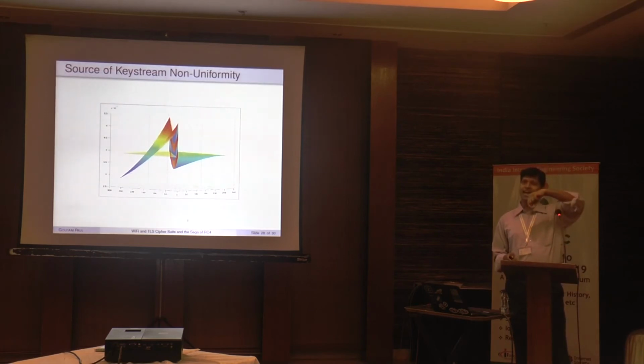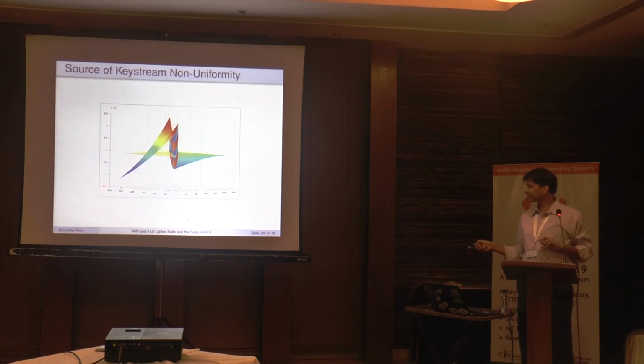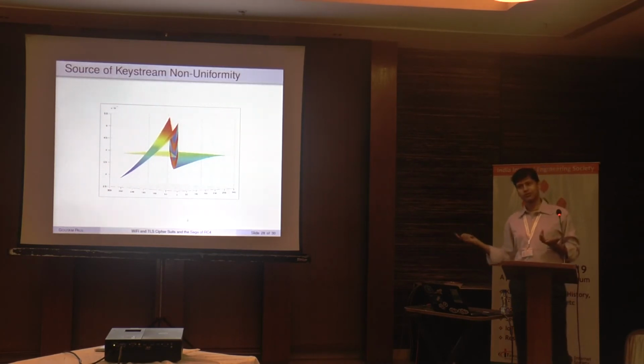So every index can have a value from 0 to 255. Let's say u is the index and v is the value. u runs from 0 to 255, v runs from 0 to 255.